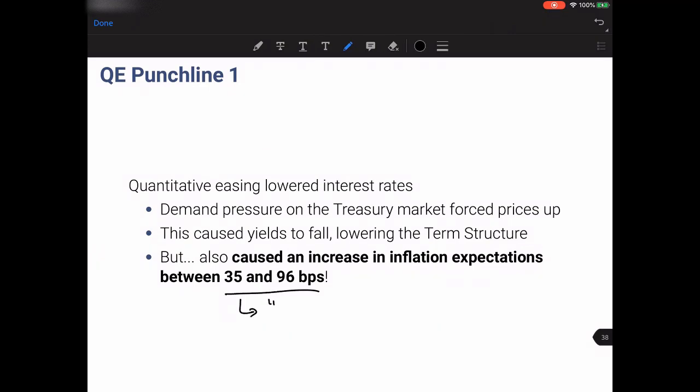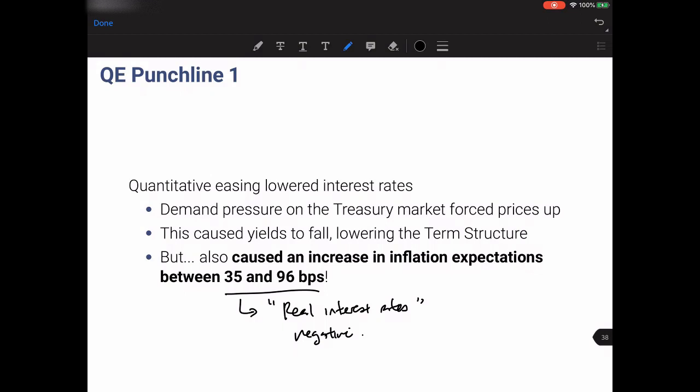So I'm going to write real interest rates negative. Just to remind you, if you have never heard of real and nominal interest rates, nominal rates are the rates that you get from these traded bonds.